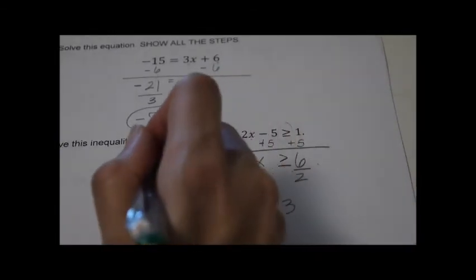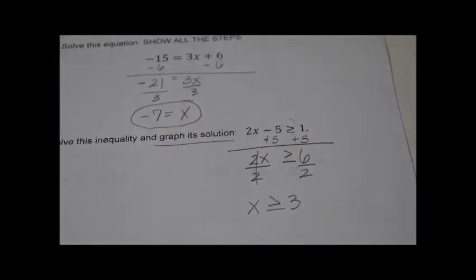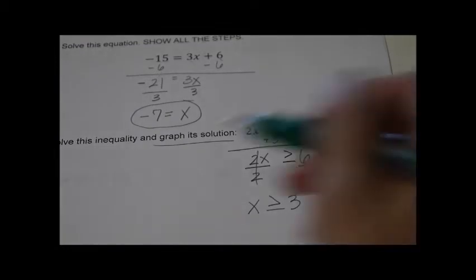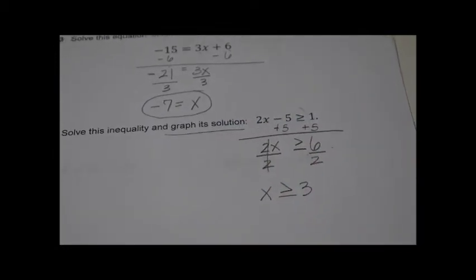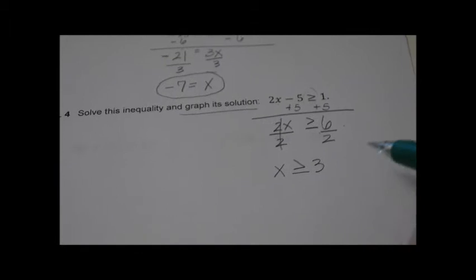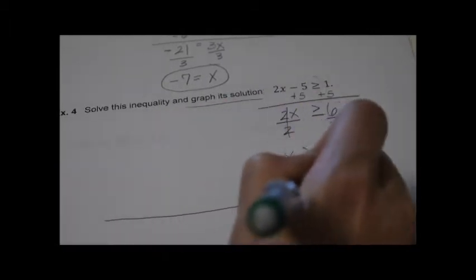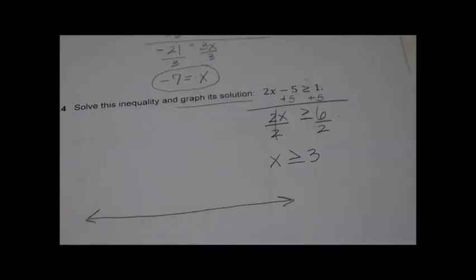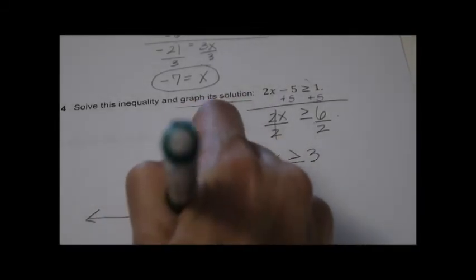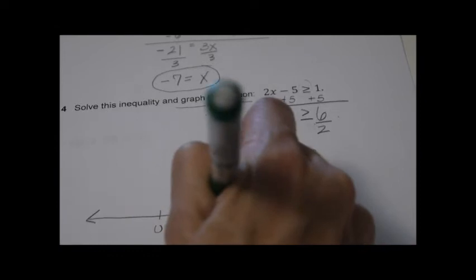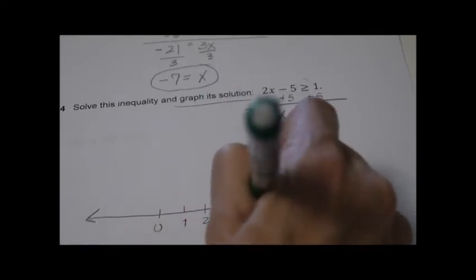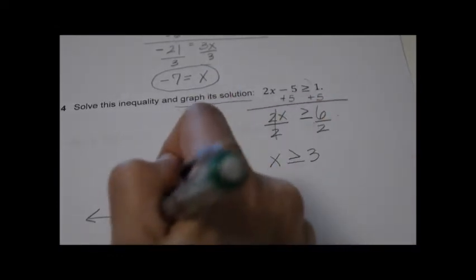And what it says here is graph its solution. So don't get that wrong on a test by not completing the question. So we're going to do a number line, and we're graphing x is greater than or equal to 3. So I might find 3 on my number line. There it is.